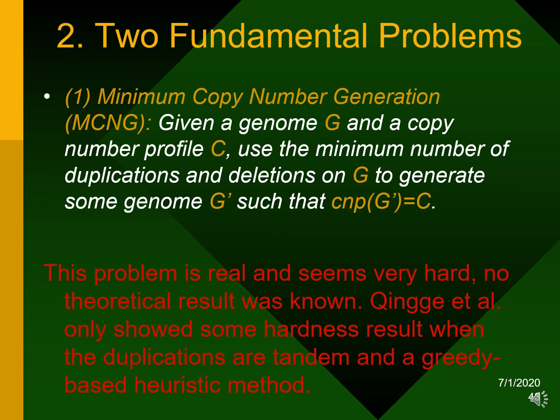For the generic version, no theoretical result was known. So we considered the special case when the duplication must be tandem. For that case, we showed that the problem is hard. A generic greedy-based algorithm was also proposed and implemented.